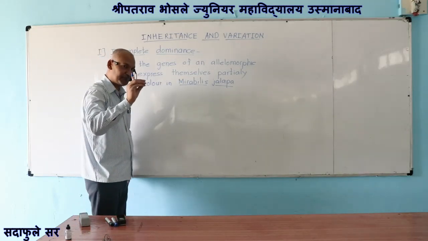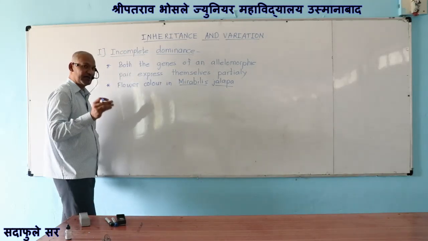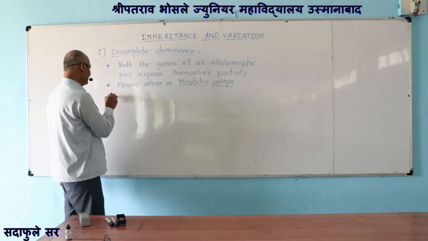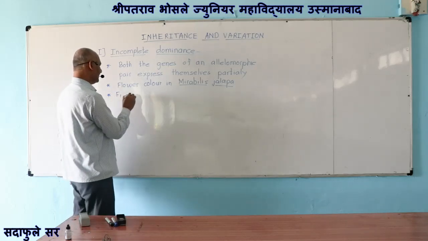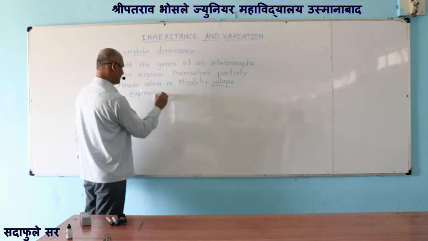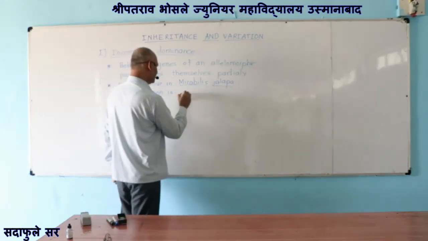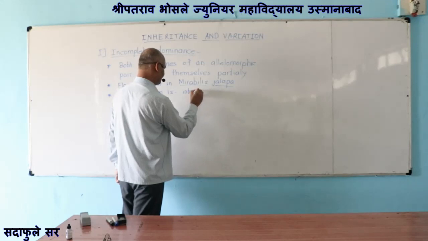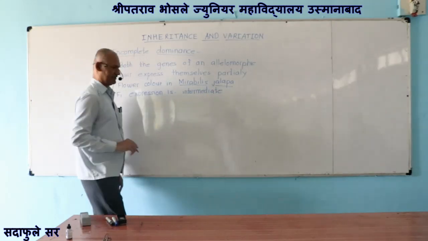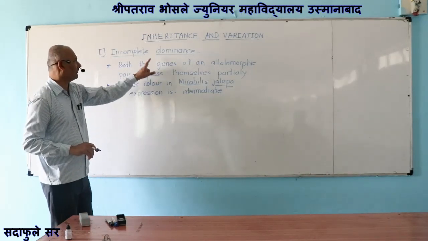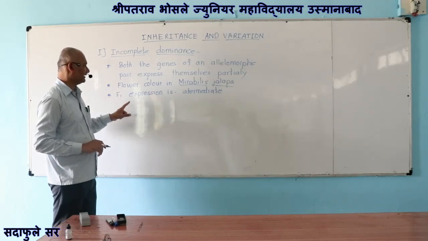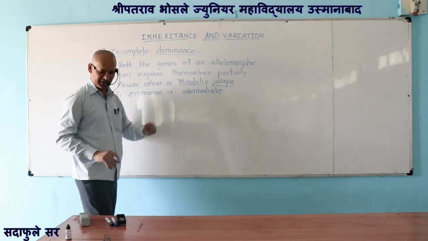It is partial inheritance, partial dominance, and hence in F1 generation the expression is intermediate. It is the most important character of incomplete dominance. In incomplete dominance, in F1 generation, the expression is intermediate.